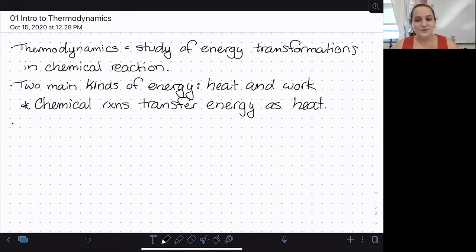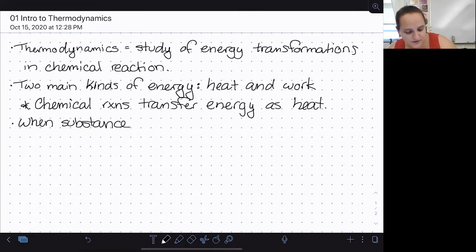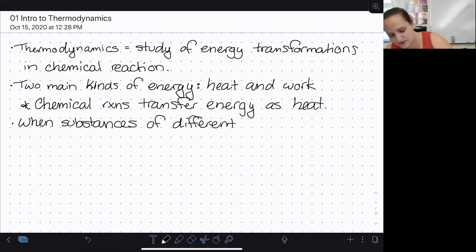You know intuitively that it will cool off until it reaches room temperature, that your hot coffee is not going to be hot very long if it's not in an insulated container, and even if it is, it will cool off eventually. So when substances of different temperatures come into contact, heat transfer occurs. We are transferring energy as heat, which is why the temperatures change.